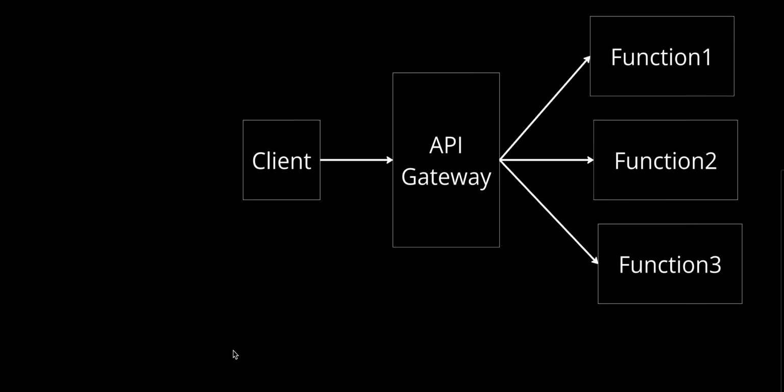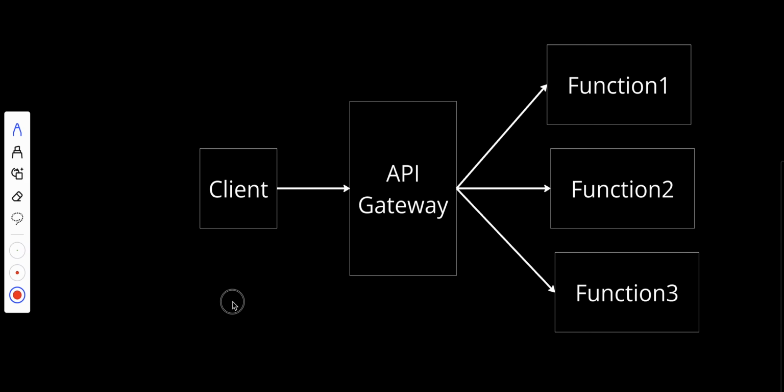What are the benefits of using this type of architecture? I would say the first thing is reduced operational overhead, because since the cloud provider handles all the infrastructure-related tasks, developers can focus solely on writing and deploying code, which speeds up development and reduces operational burden.